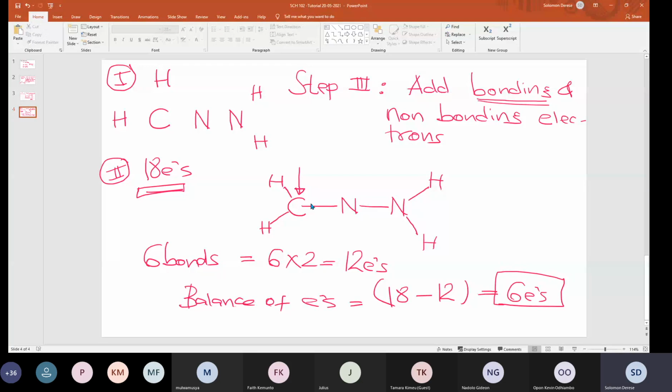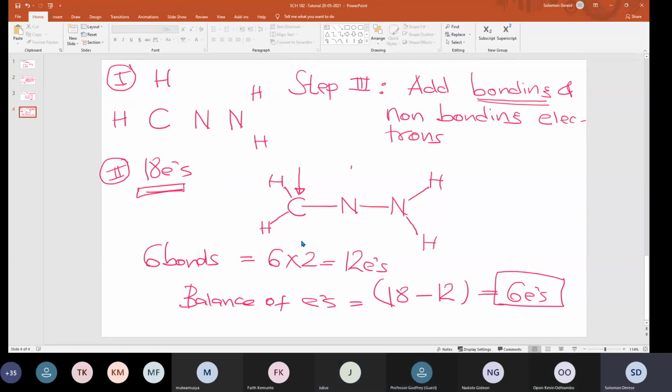What is the total number of electrons you see on that carbon? 6 electrons.